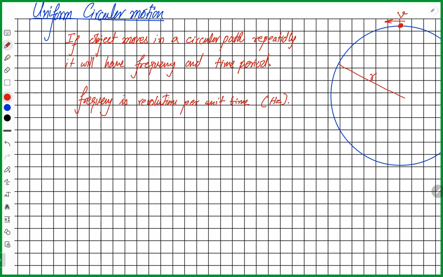But sometimes for mechanical reasons, we also do revolutions per minute, RPMs. So it is also a kind of frequency, but we need to convert it into revolutions per second before we put it into any formula.